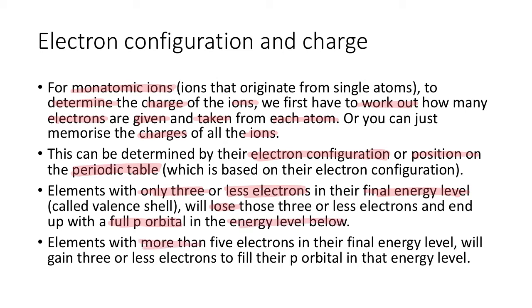Elements with more than 5 electrons in their final energy level will gain 3 or less, depending on how many they need, to fill their p orbitals at that energy level.